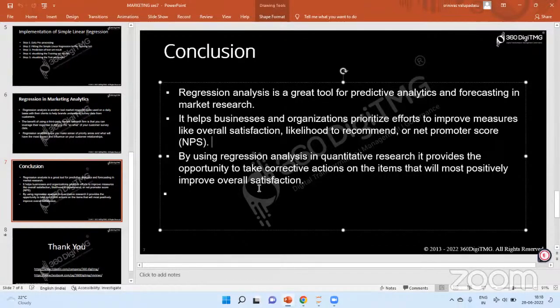So this linear regression will suggest to organizations and businesses what effort they need to take to improve their measures of satisfaction, and what steps they need to take to improve their business. So it will give a good idea.